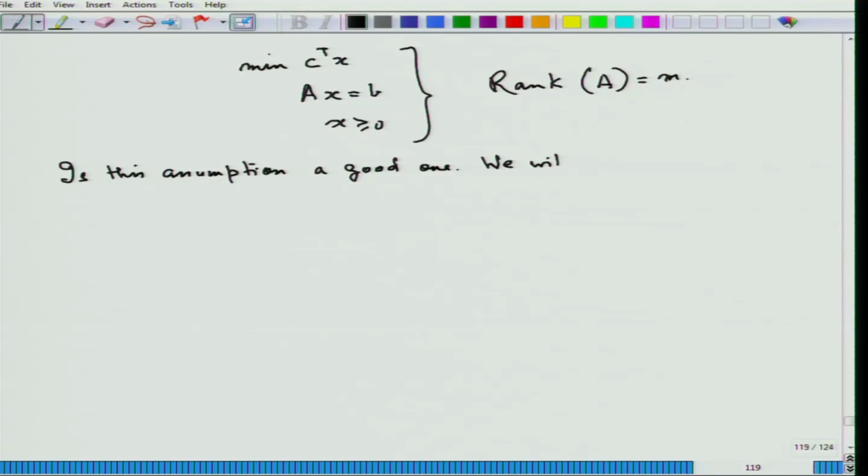We will end our discussion today by proving this fact, that yes, it is indeed a good step, by showing that this assumption is fine.